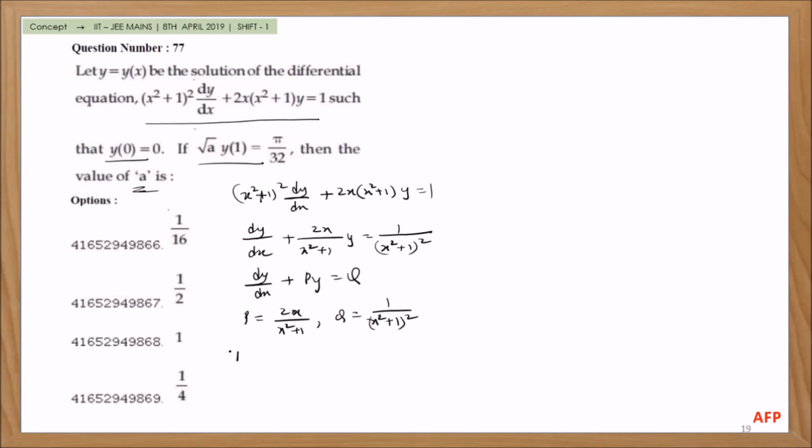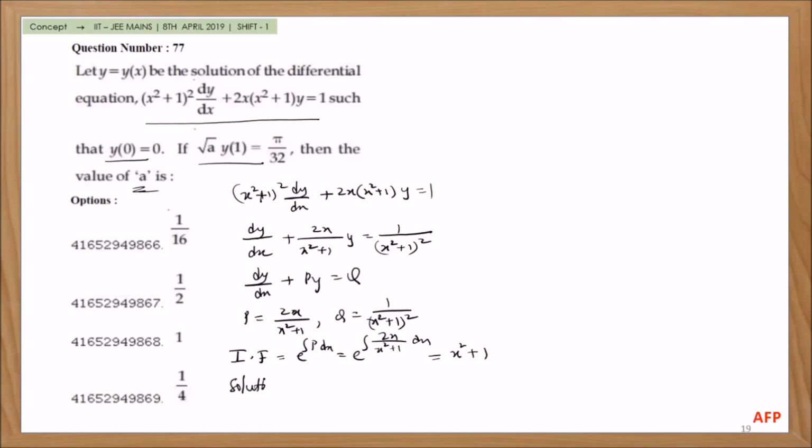Now the integrating factor is e raised to integration of P dx, integration of 2x over x square plus 1 dx. So log of the denominator, e raised to log of (x square plus 1), you can write it as x square plus 1. That is the integrating factor.